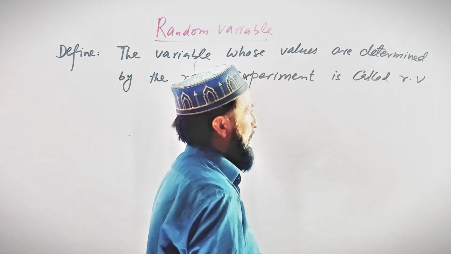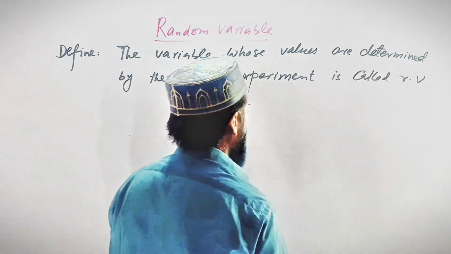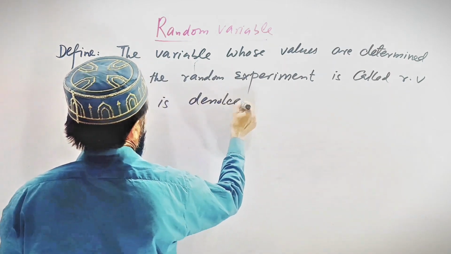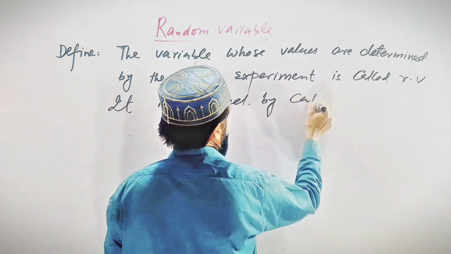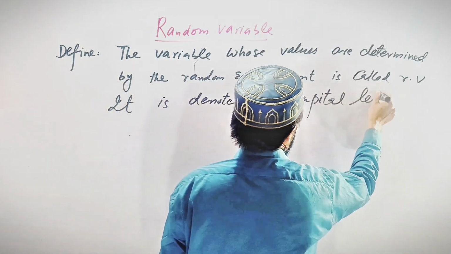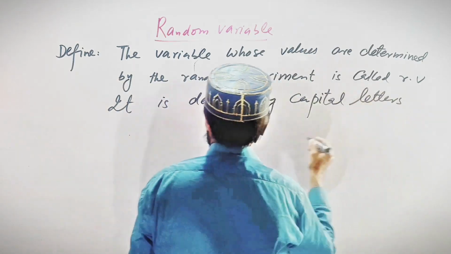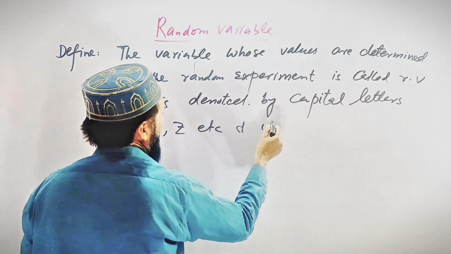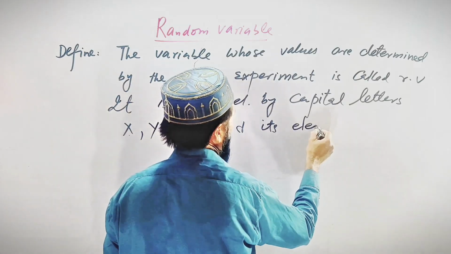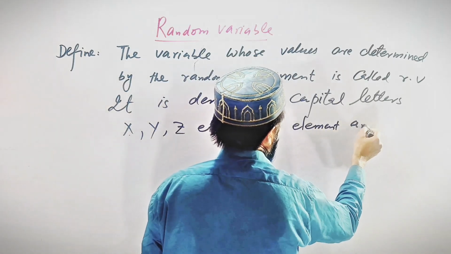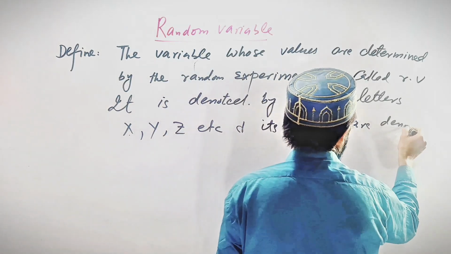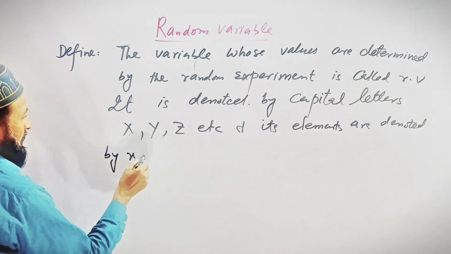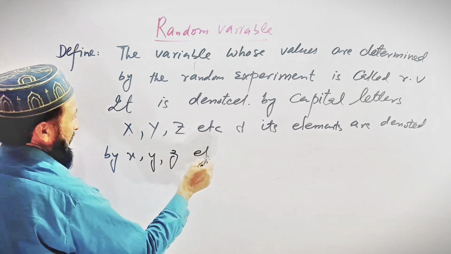We have written the definition: a random variable is denoted by capital letters, for example X, Y, and Z, etc., and its elements are denoted by small letters x, y, and z, etc.